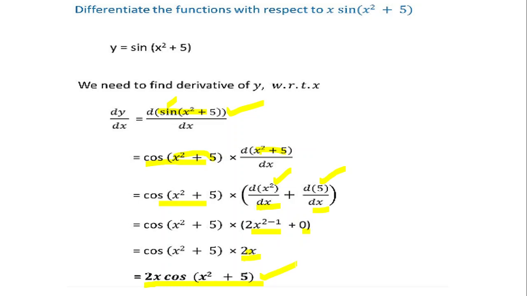This is the differentiation of sine of x square plus 5. Clear? Directly you can say that sine differentiation is cos, so cos of x square plus 5, and the x square differentiation is 2x. So the final answer is 2x into cos of x square plus 5.